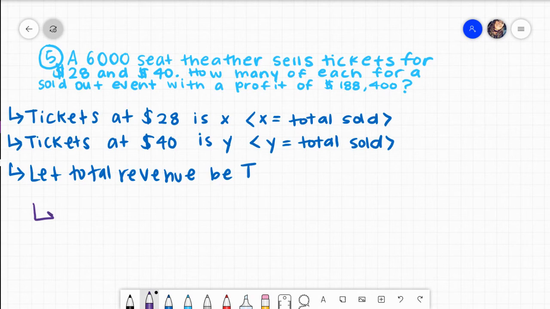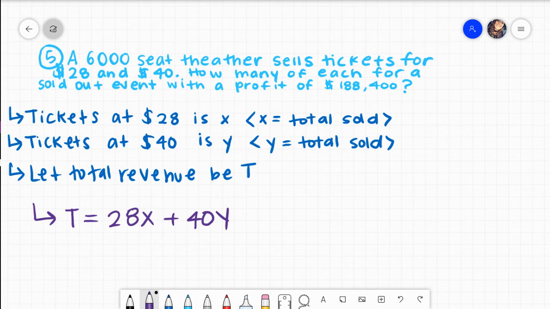So what we have here is T equals, right? That's the total revenue equals 28X plus 40Y. And I know this because I sold both tickets at both prices.